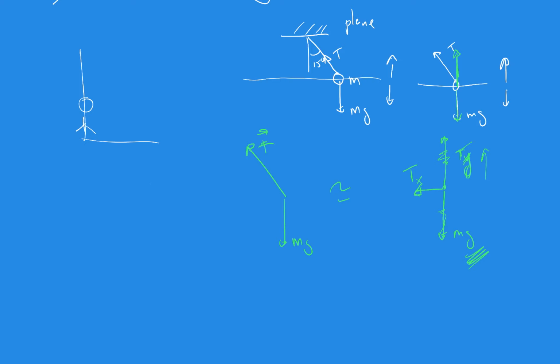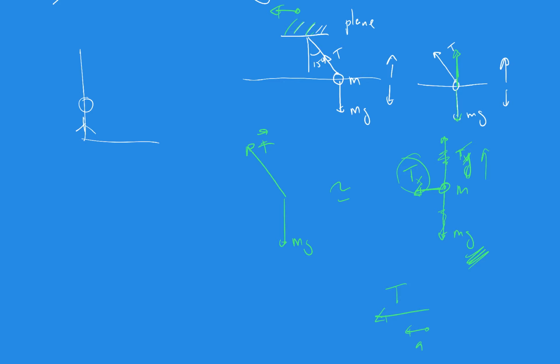Because this object is inside an airplane, the ceiling of the airplane is accelerating in this direction with this tension. This is the force that is acting on the mass m. So we can conclude that if this is the only force acting, this is the acceleration. So the object is subject to this acceleration.